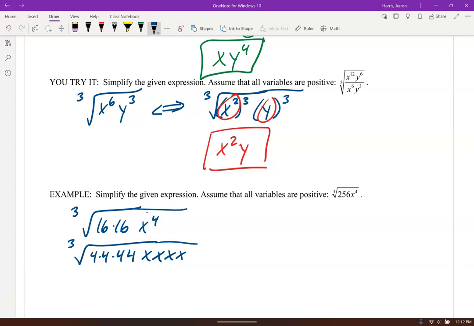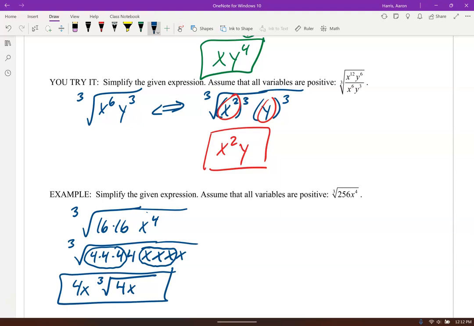So it looks like I'm looking for 3 of a kind. There's 3, 4. So 4 comes out. I'm looking for 3 of a kind. I have 4 x's. There's 3 right there. So an x comes out, but I'm left over underneath the 3rd root with a 4x. So I can't take a 3rd root of that 4 or the x. So 4x, 3rd root of 4x.